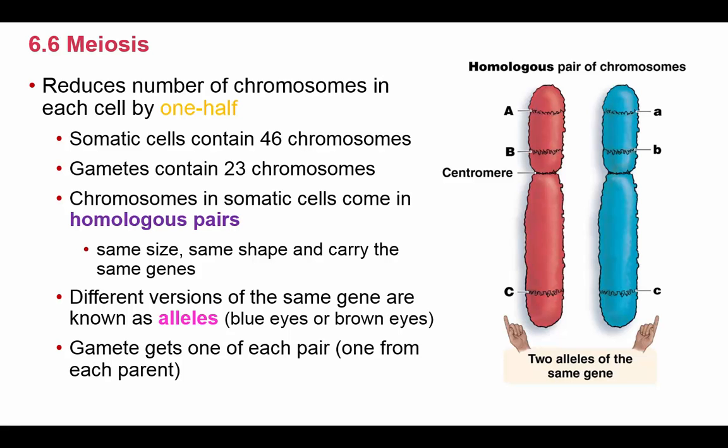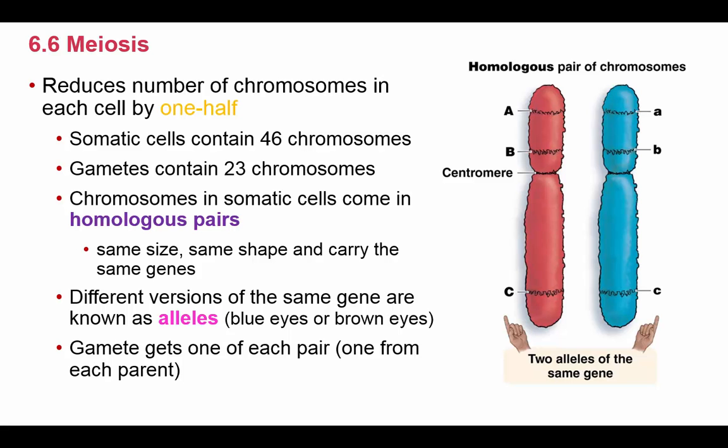Now, one really important thing to note about somatic cells is that chromosomes are actually found in pairs. These are called homologous pairs. So a lot of times you'll hear that the normal number of chromosomes for a human cell is either 46, or sometimes you'll hear the term 23 pairs, because the 23 chromosomes are paired up, which gives you that 46.